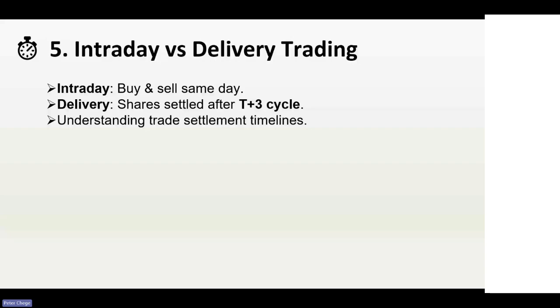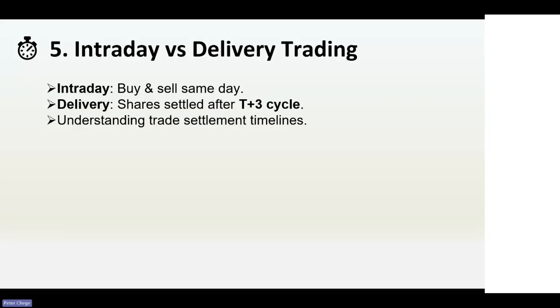So intraday, buy and sell same day, disregards the trade rule of T+3, but settlement still remains T+3. For the sell side, you sell today and buy back. Now, the unique value of the AIB's app, when you sell today, you get your cash immediately. You can go back and buy any other counter or the same counter today. So intraday only blocks you for the buy side, not the sell side.